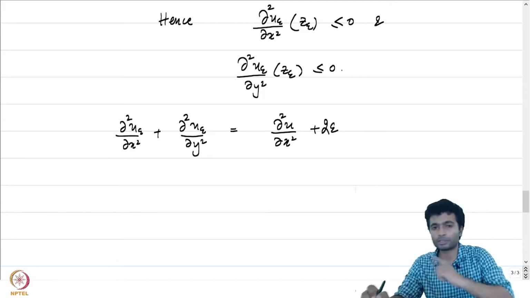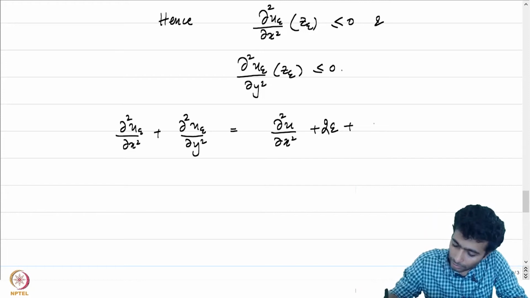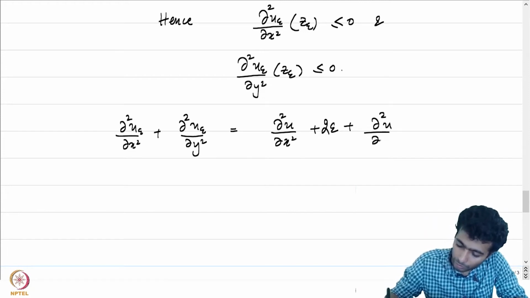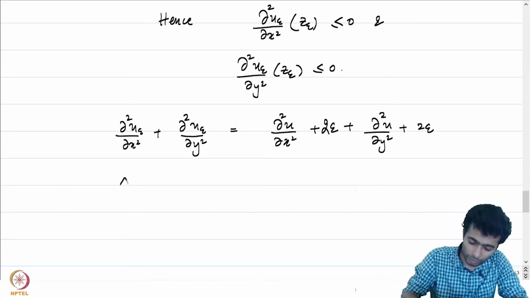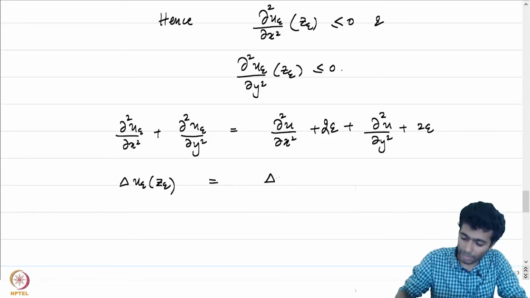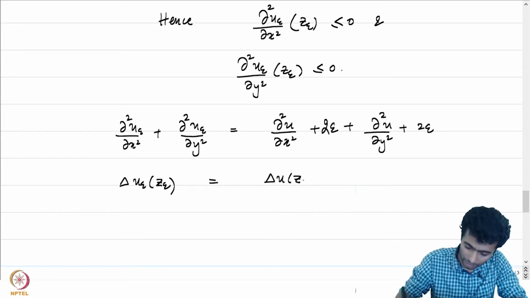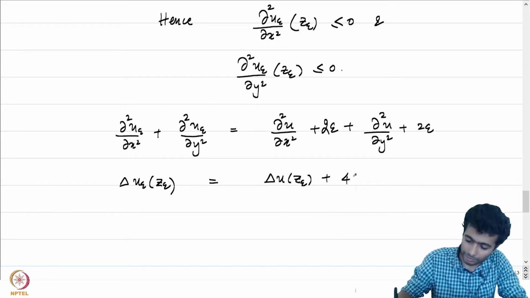So this is going to be plus 2 epsilon. And similarly, this is going to be dou square u by dou y square plus 2 epsilon. If you look at the Laplacian of u epsilon at z epsilon, this is going to be equal to the Laplacian of u at z epsilon plus 4 times epsilon.